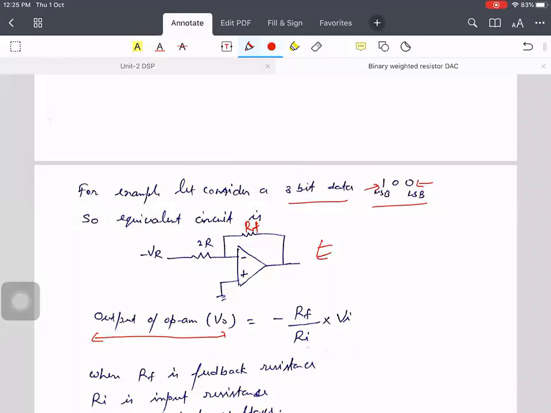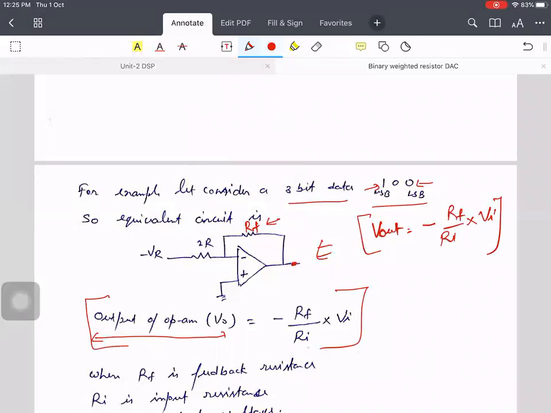So you have to remember that the output here, that is V out, is equal to minus RF, your feedback resistance, upon input resistance, multiplied with V in. Okay, so you have to remember this formula. Clear? So minus RF upon RI: this is your feedback resistance, this is your input resistance, and here you take V out.